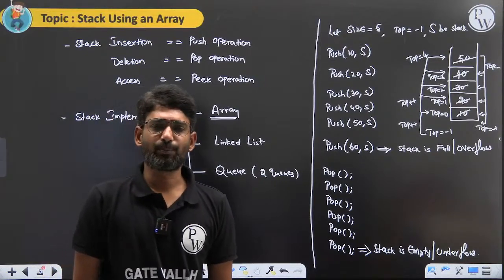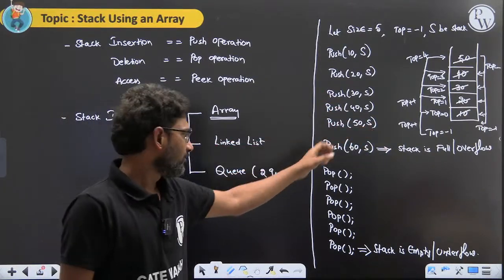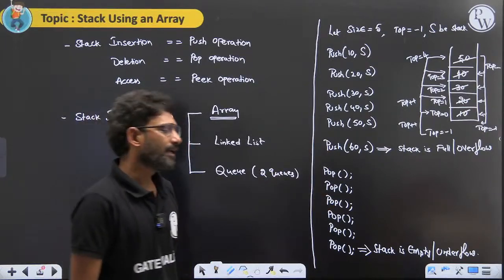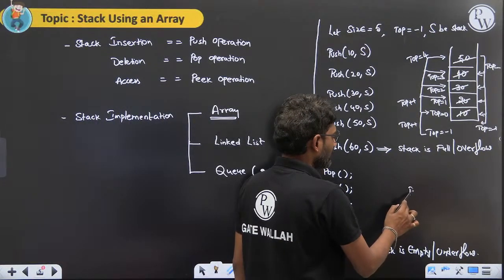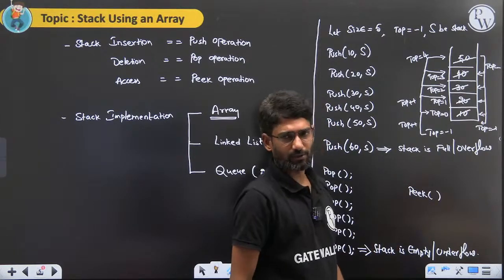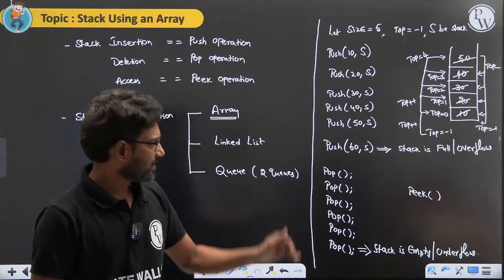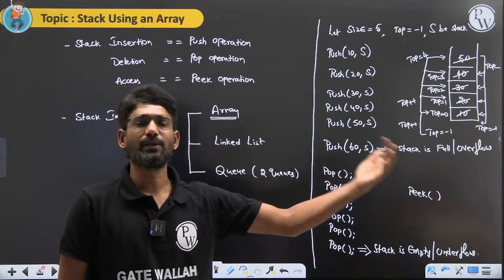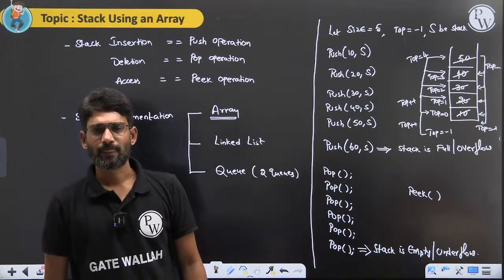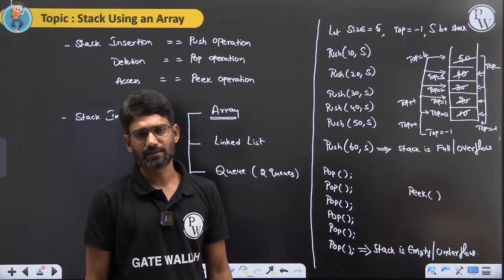So when we are pushing, we should handle the overflow case; when you are popping, and even when you are trying to access, like when you perform the peek operation also. When will you be able to access? When something exists in the stack, only then will you be able to access. If the stack is empty, then you will not be able to access it.